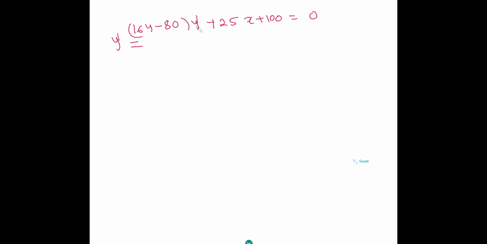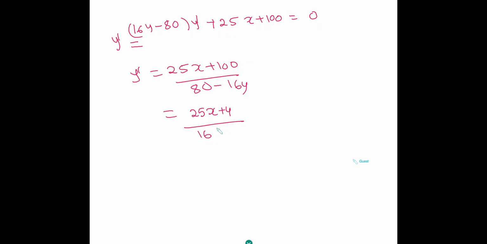Moving terms to the other side and dividing, y prime equals negative (50x plus 200) over (32y minus 160), or simplified, y prime equals negative (25x plus 100) over (16y minus 80), which reduces to (x plus 4) over (5 minus y) up to a constant factor.